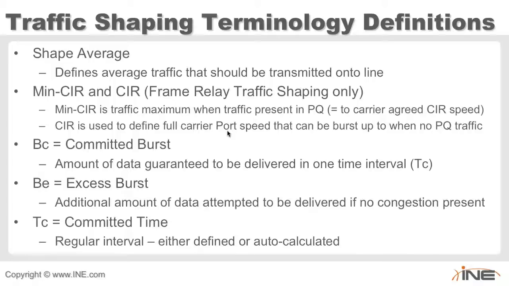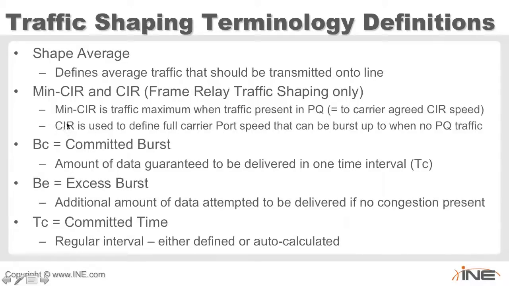Then we have something called B sub C. With B sub C, or committed burst, we've got the amount of data that's guaranteed to be delivered in any one time interval. The time interval is known as T sub C, or the committed time. We also have B sub E, the excess burst.